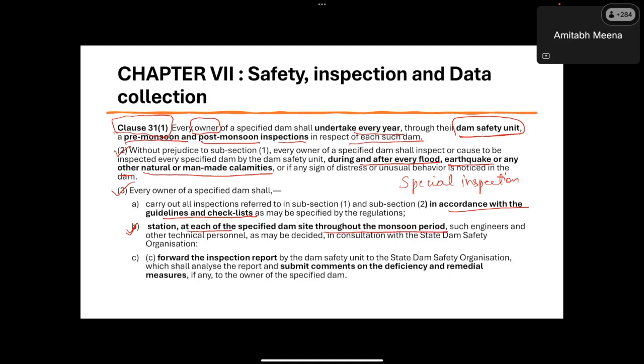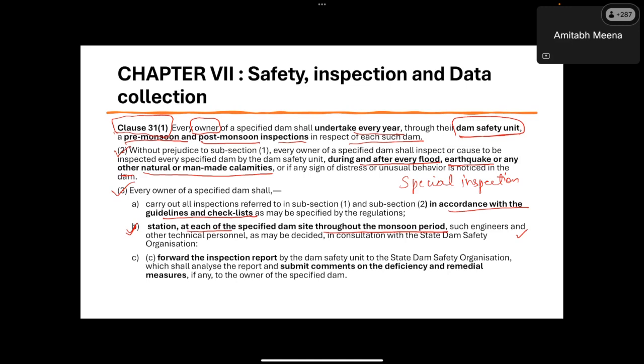This provision is very important because we have so many dams, and sometimes due to lack of manpower, there may be situations where not every dam has an engineer stationed. We should understand that this is now a statutory requirement, and it is very important for the safety of the structure.